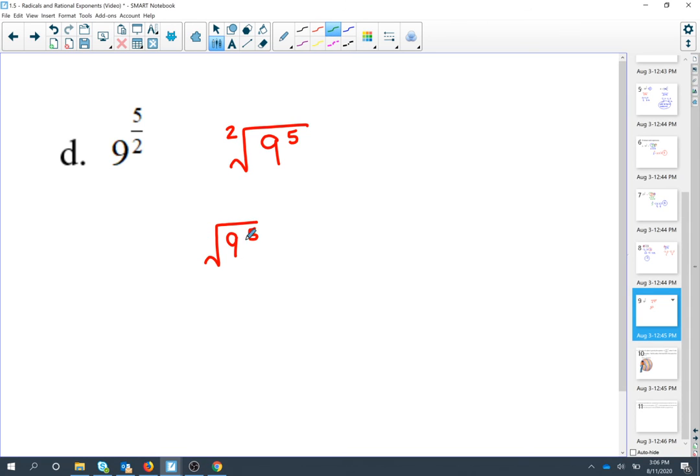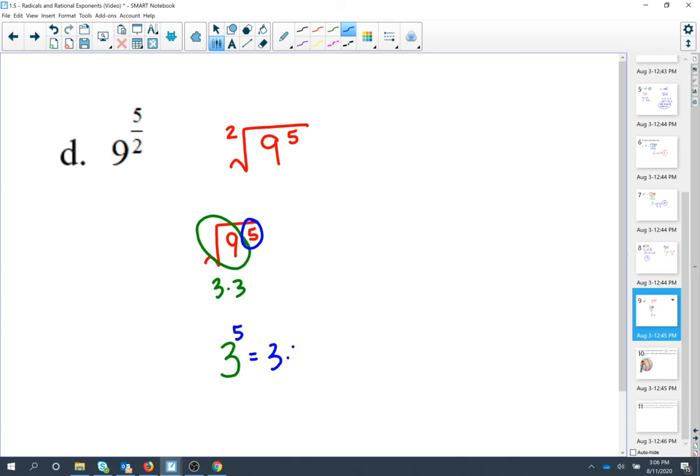Now again, 9 to the 5th power, I'm not doing that in my head, but I do know the square root of 9. 3 times 3. So the square root of 9 is 3. Then I have to do my 5th power.